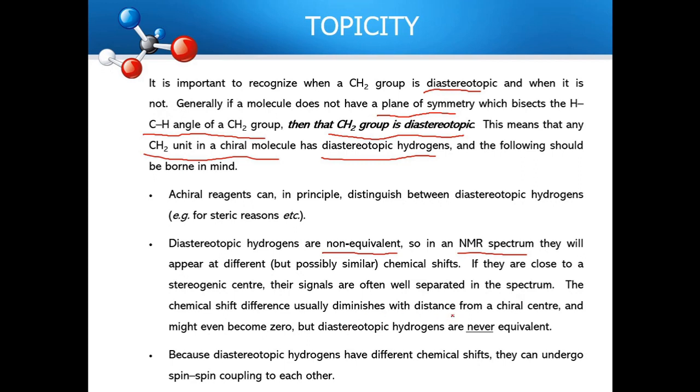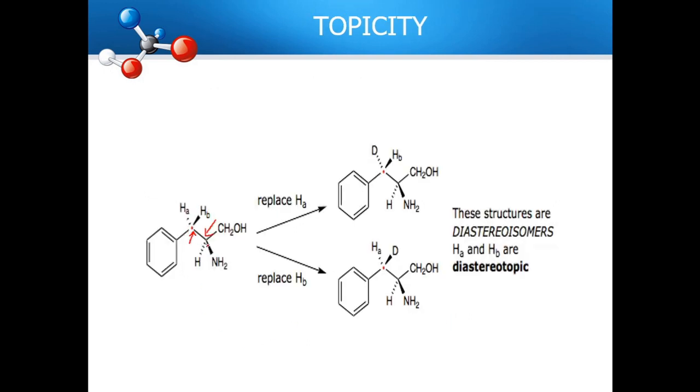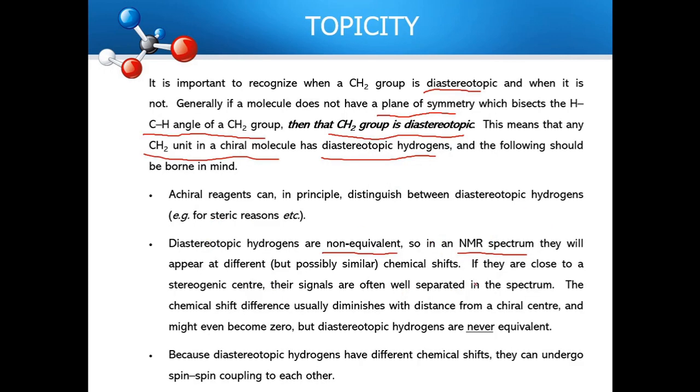So what is most important is, if your hydrogen is very close to a chiral center, then your signals will be well separated. The chemical shift difference usually diminishes with distance from the chiral center and might even become zero, but diastereotopic hydrogens are never equivalent. Because diastereotopic hydrogens have different chemical shifts, they can undergo spin-spin coupling to each other.